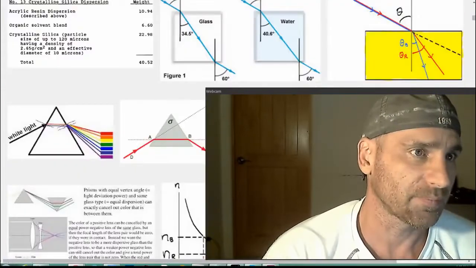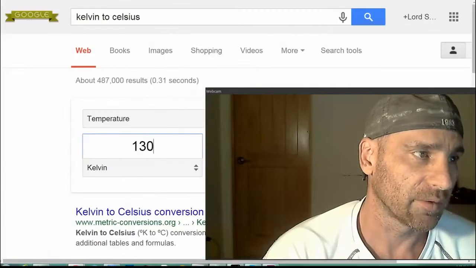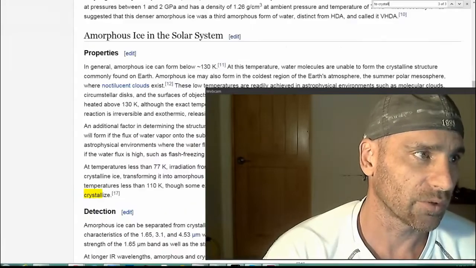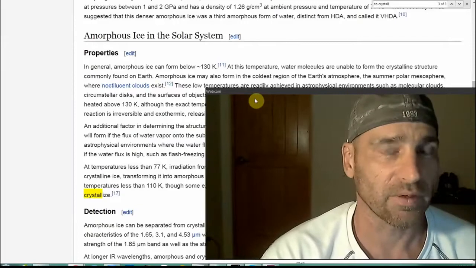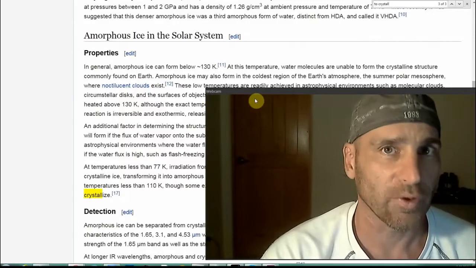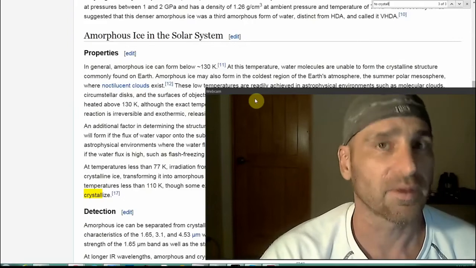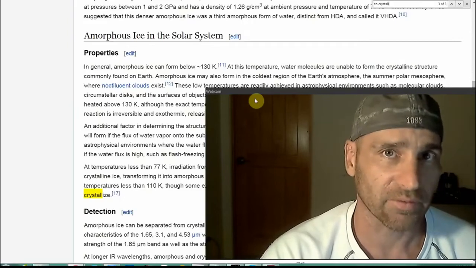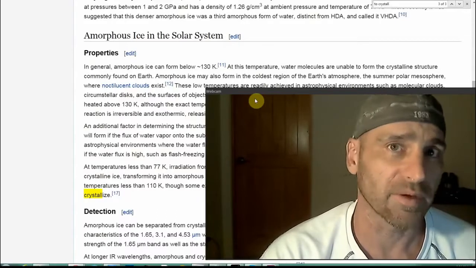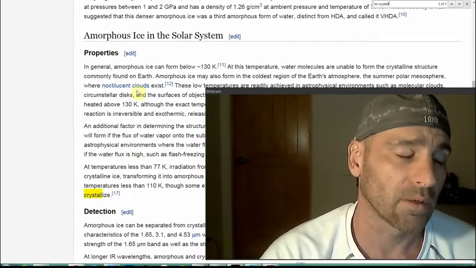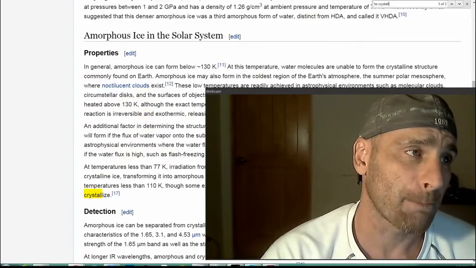Let's go over here. Temperature. There are two different states of ice, amorphous and crystalline. Amorphous means it's clear, transparent, like glass, and crystalline means it has crystal structures, and it is usually opaque or very near opaque, translucent. Keep that in mind.